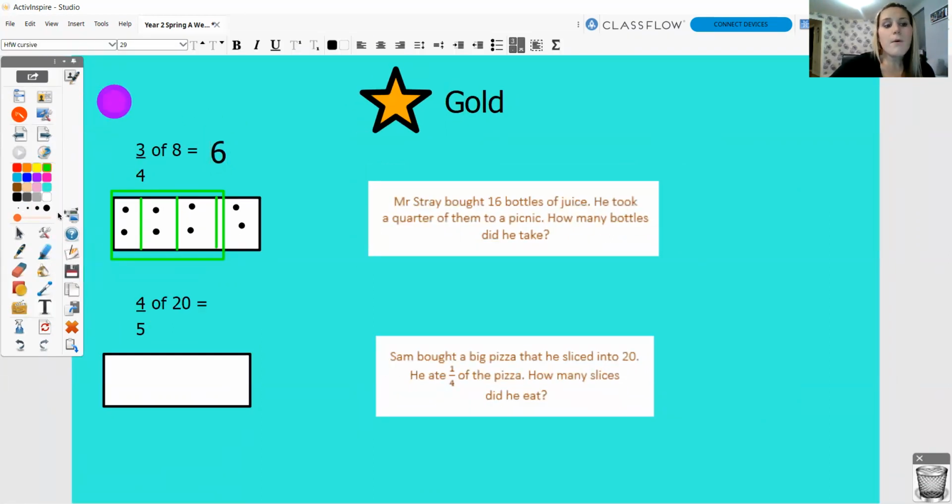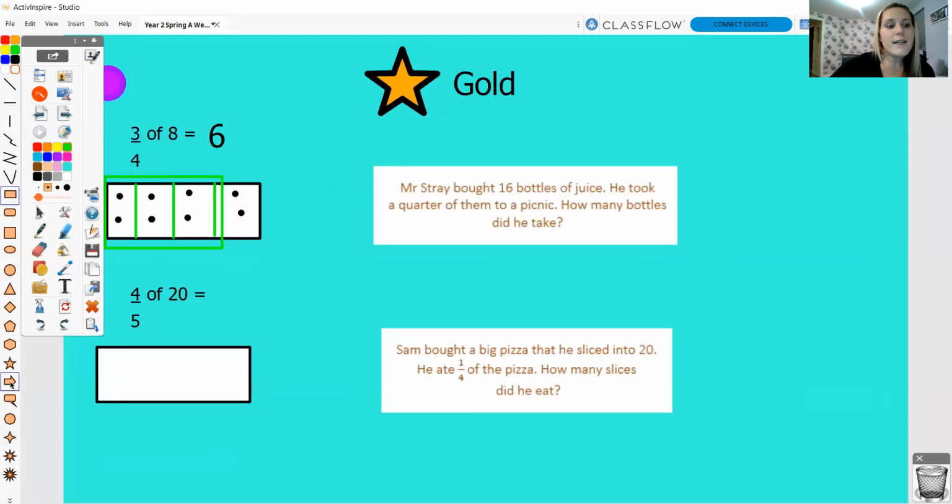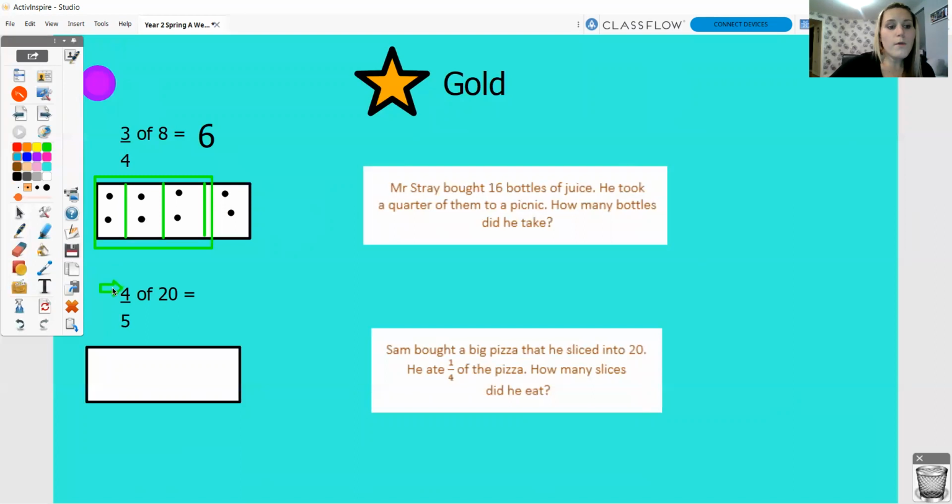When you get onto purple, you need to look really carefully at the numerator because that's how many parts you need to count. And then if you get onto gold, you read the word problem and write out the number sentence. Mr. Straight bought 16 bottles of juice. He took 1/4 of them to a picnic.